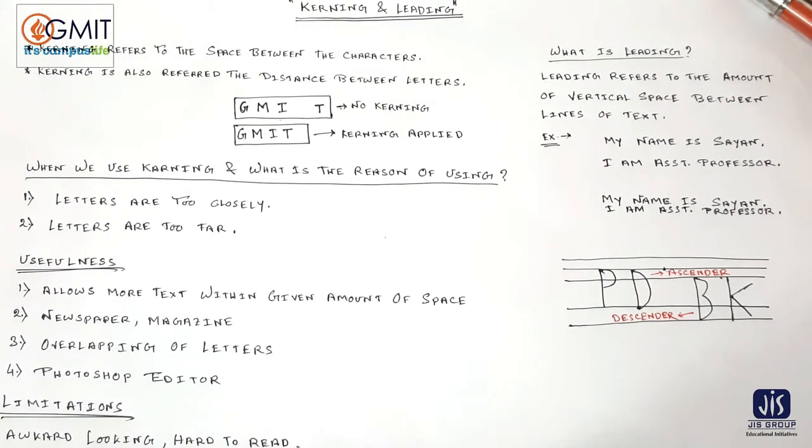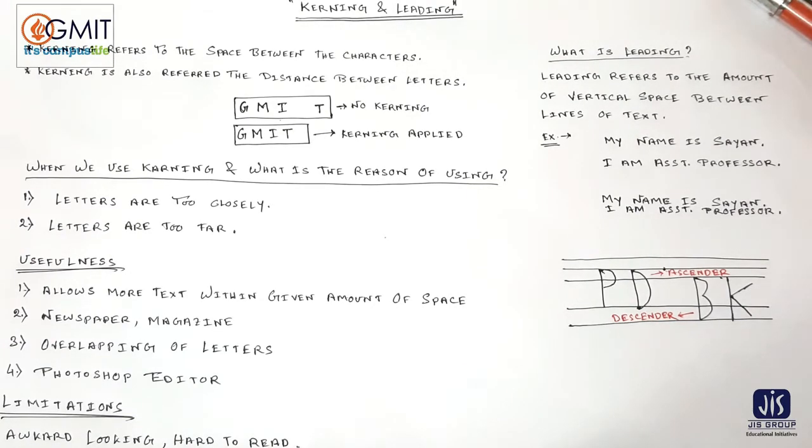If there is not enough space or equal amount of space, or the letters do not have kerning applied, then we get frustrated. It is hard to read that kind of words.